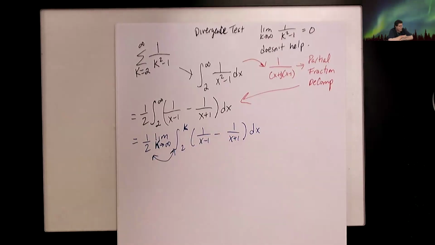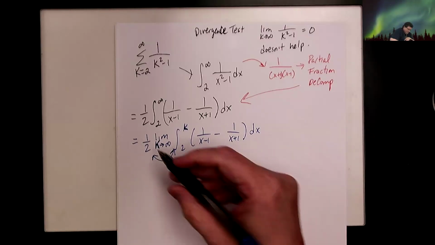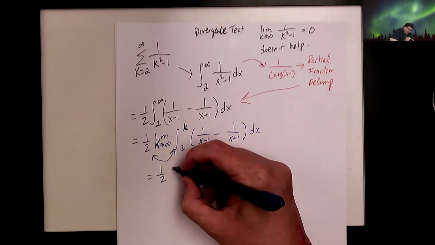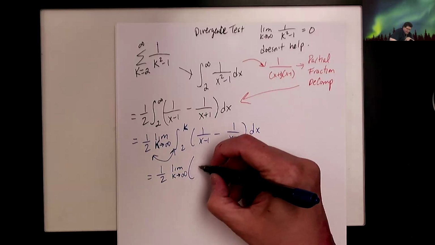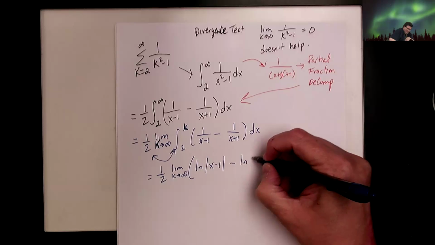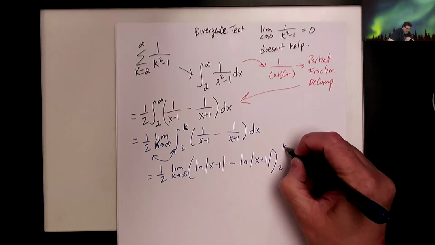Interchangeable where it goes. We saw that one of the properties of series is that we can move it in, and we know with integrals it moves in and out. Natural log of x minus 1 minus the natural log of x plus 1 evaluated from 2 to k.